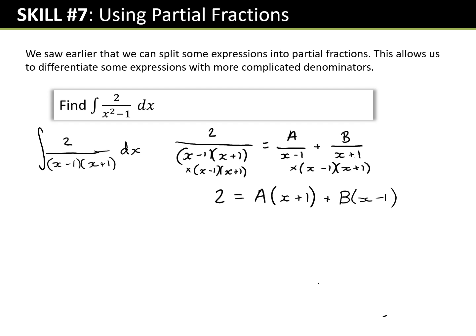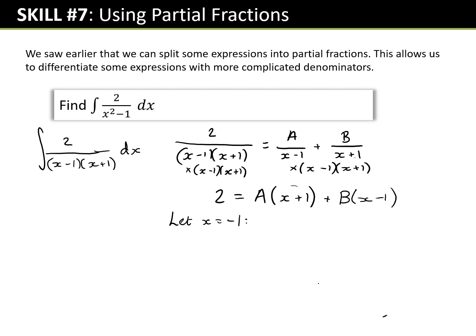With partial fractions, there's multiple ways of answering this bit. However, I always think the easiest way is to let x be a value. So let's focus on this first one. If we wanted A to just disappear, we could let this equal 0, couldn't we? So to let this equal 0, x would need to be minus 1, wouldn't it?